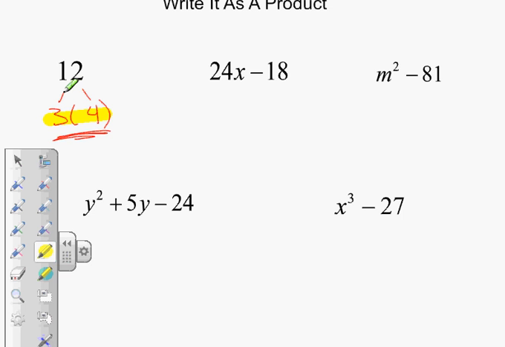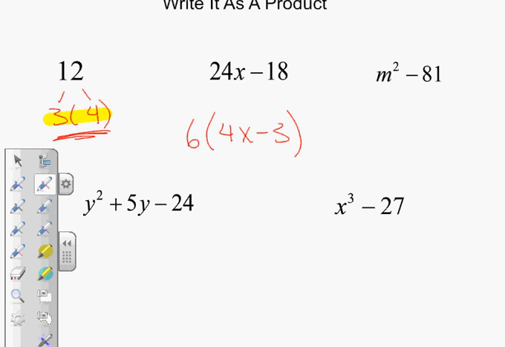Now, looking at this next problem, you might not know how to write it as a product. If we notice here, it's in fact a difference: 24x minus 18. And without exactly telling you how to do it, I just want to show you that it's possible to write this as a product. I'm going to write this as a product of 6 and 4x minus 3.